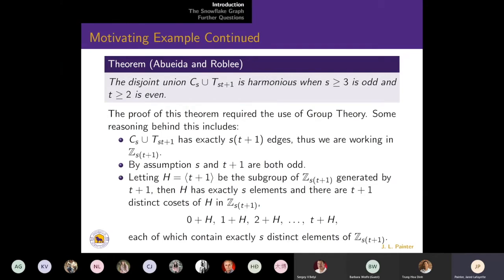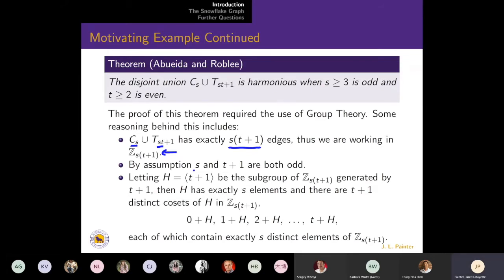So if we take a cycle of length S, that's going to have S edges, and then T sub S, T plus 1 is going to have S times T edges. That's going to give us exactly S times T plus 1 total edges that we're working with. So that means we're working in Z mod S times T plus 1.